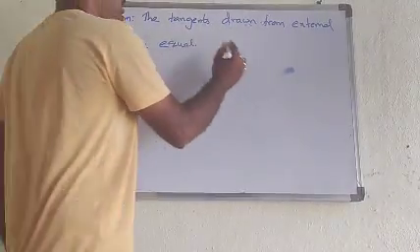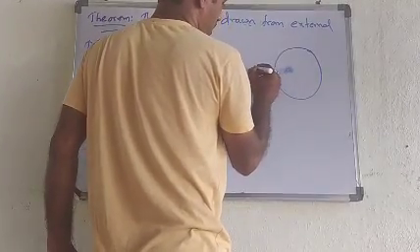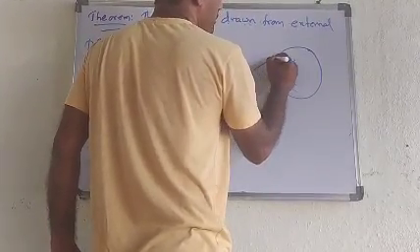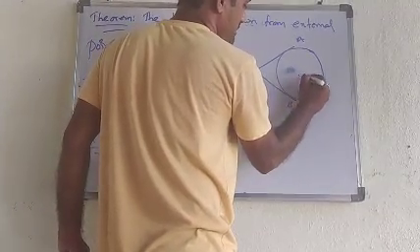So let us take a circle. In this circle the external point is P, PA is one tangent and PB is another tangent, and the center of the circle is O.